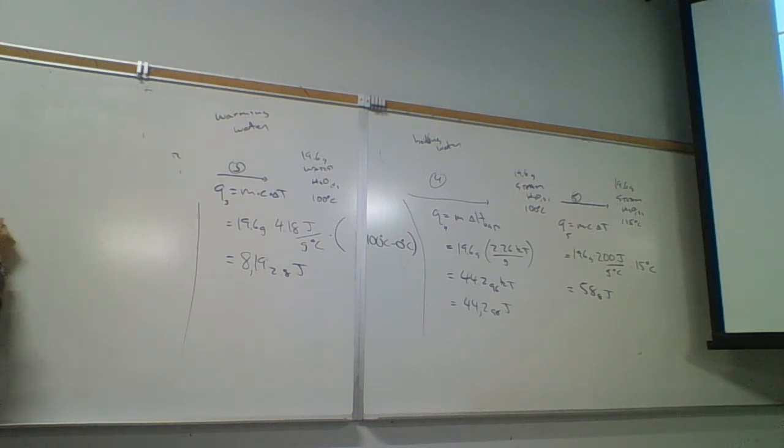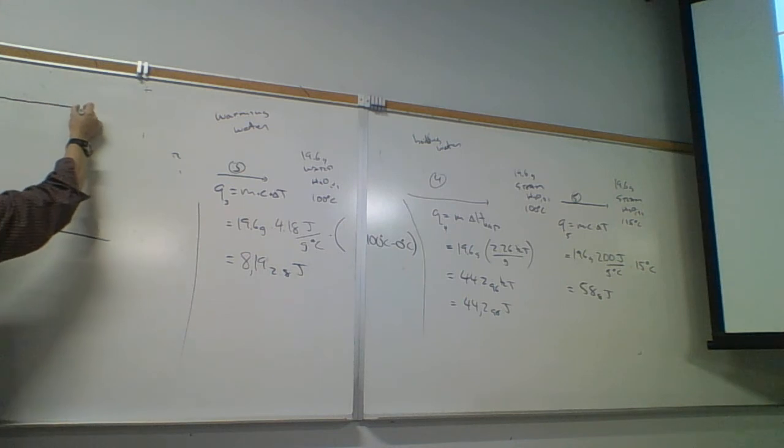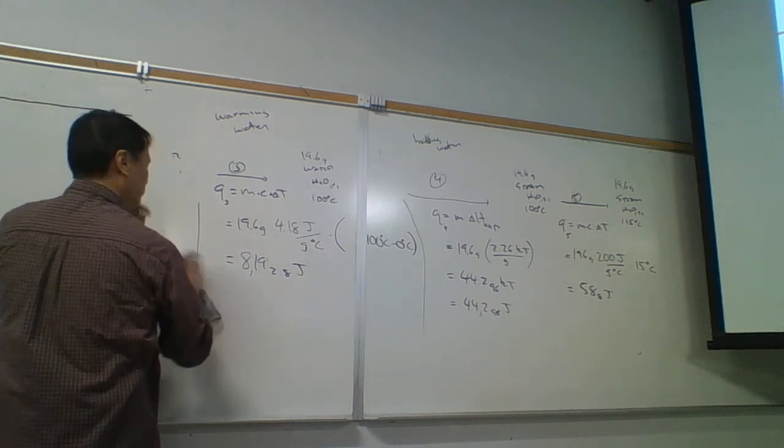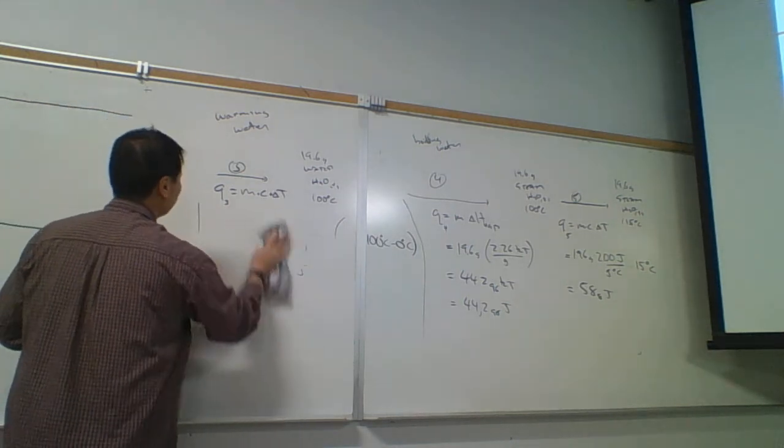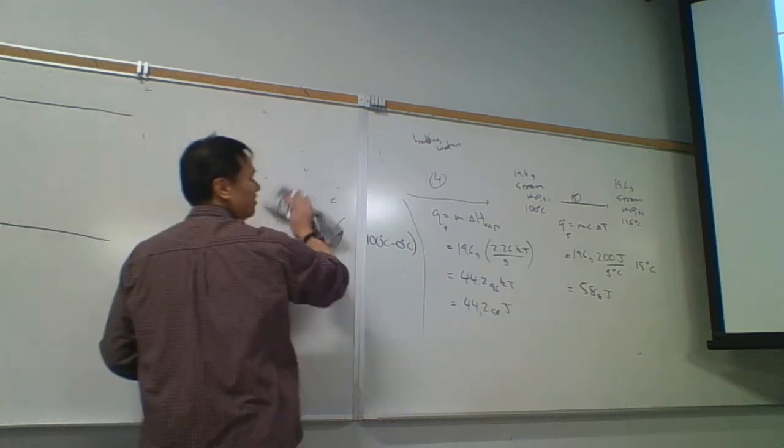Then once we've warmed up the water to 100 degrees C, what's going to happen as we add more energy? It's going to boil, vaporize. And how much energy do we have to add to get it to vaporize?